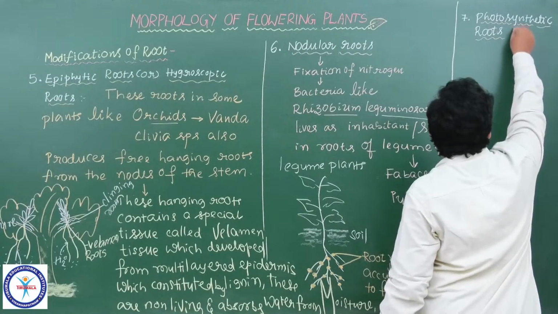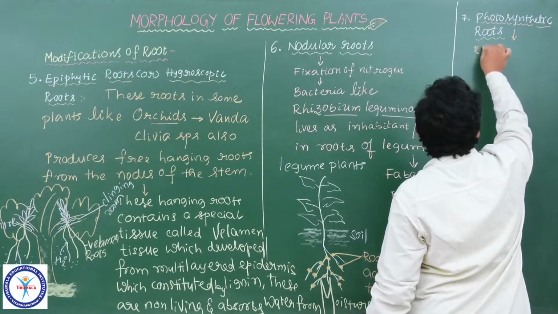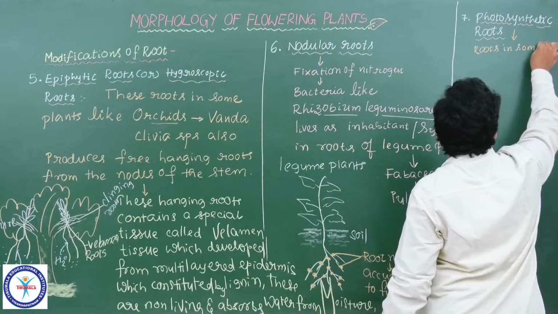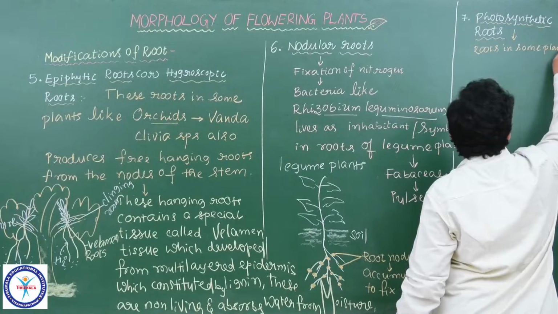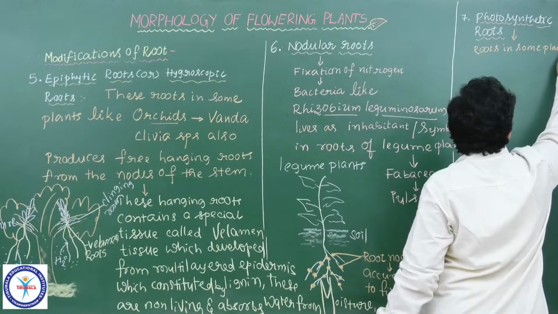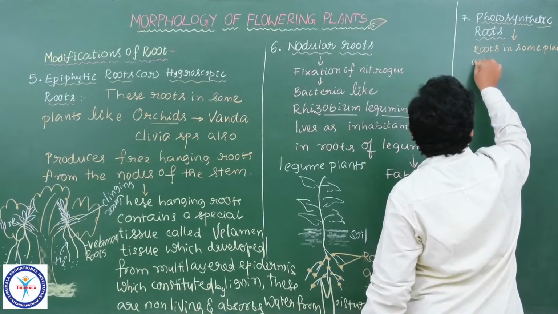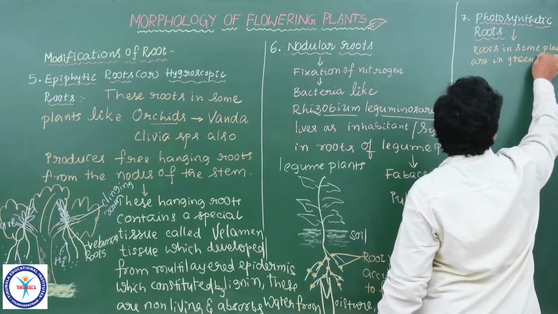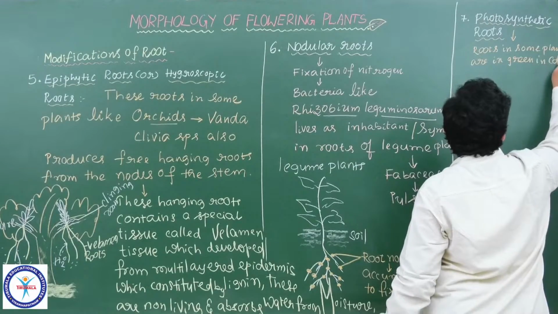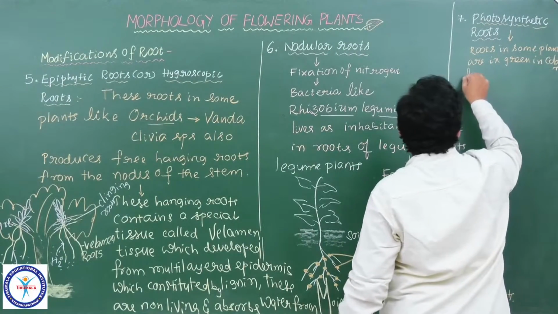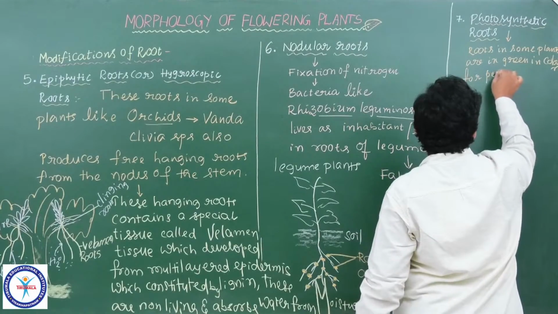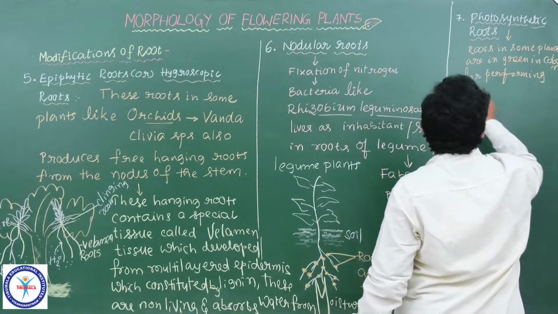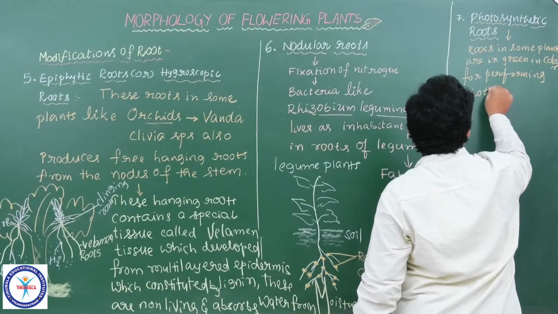So see here, in some plants, the roots are green in color for performing photosynthesis.